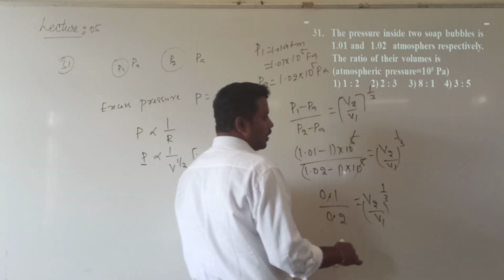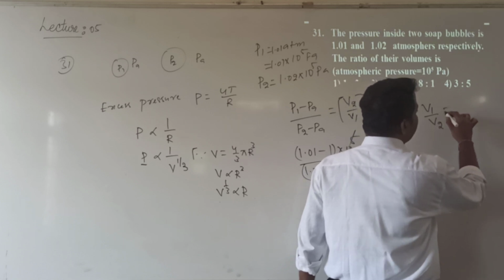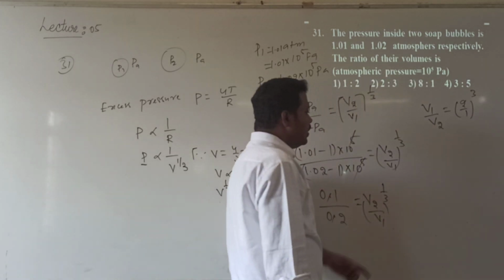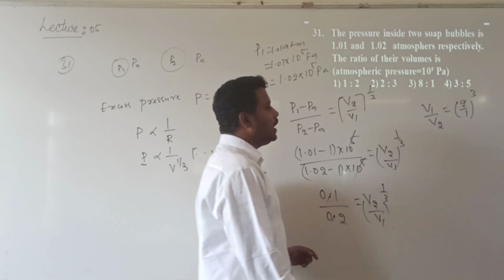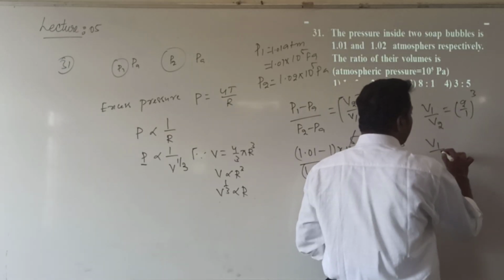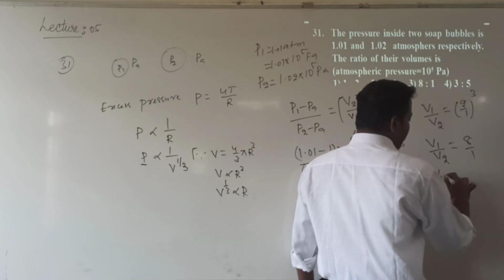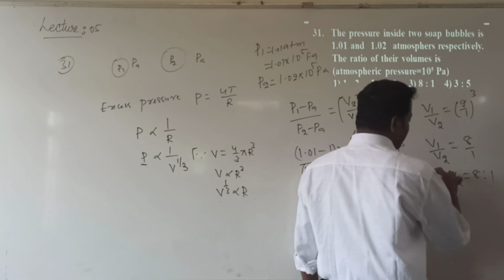Decimal cancels. But I want V1 by V2. V1 by V2 will become 2 by 1 whole cube. This 1 by 3 will come to this side, cubing on both sides. Then what will I get? V1 by V2 is equal to 8 by 1. V1 is to V2 will be equal to 8 is to 1.